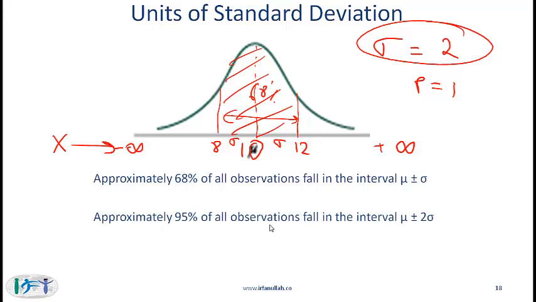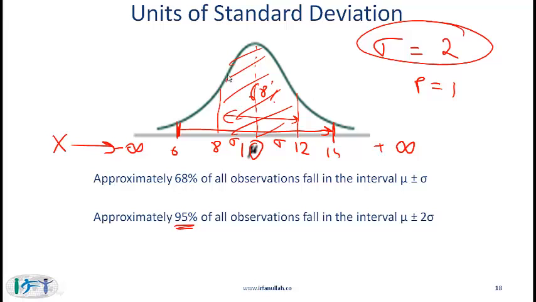Approximately 95% of all observations fall in the interval mu plus or minus 2 sigma. Again, with sigma equal to 2, so 2 sigma gets us to 14 over here, and 10 minus 4, which is 6 over here. So we are saying that between 6 and 14, we now cover 95% of the data.